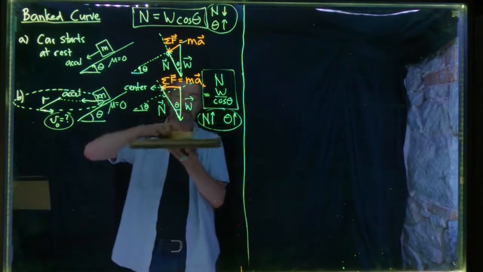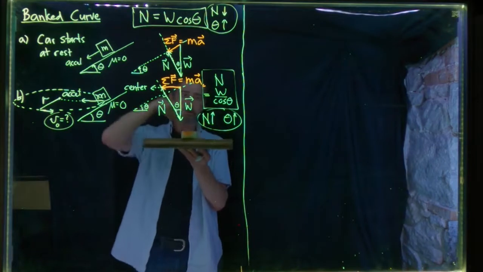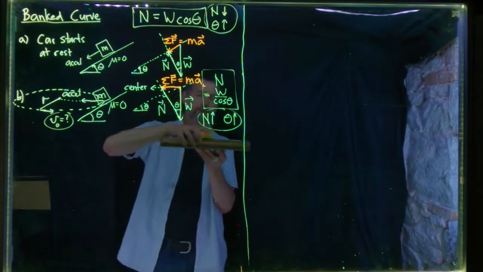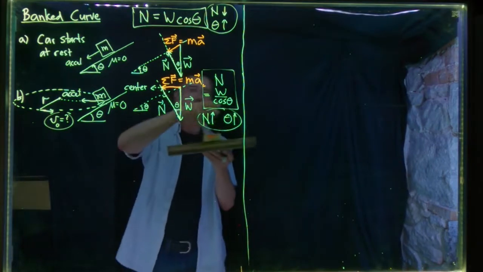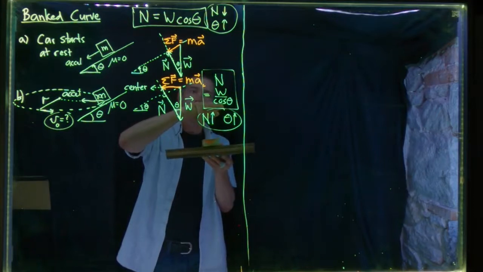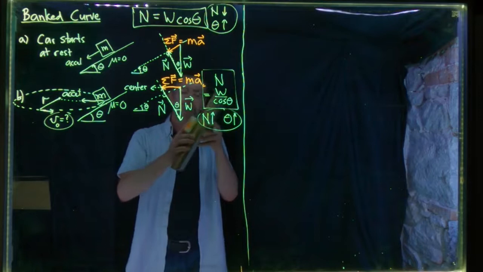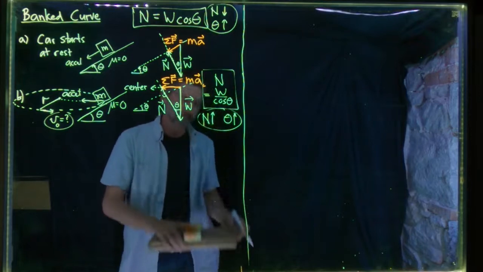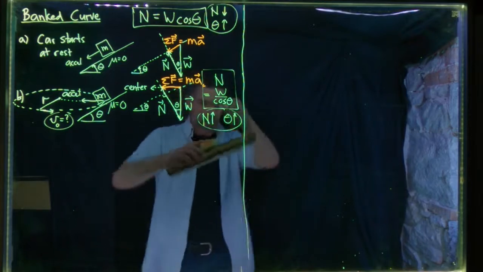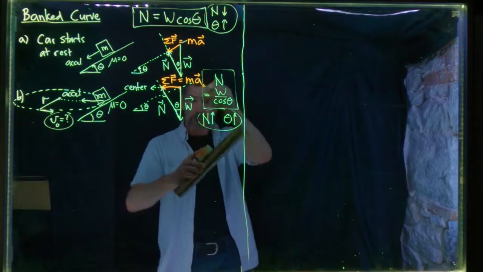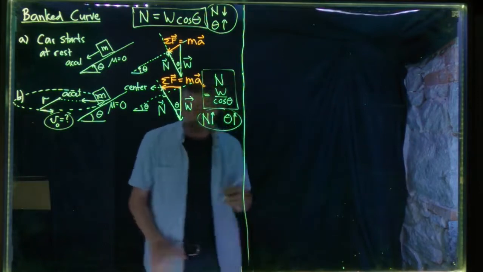Obviously when it's flat, the normal force is just equal to the weight. But as we increase theta, cos theta gets smaller, and it's in the denominator, so the normal force gets bigger than the weight, instead of getting smaller than the weight. So as the angle theta increases, the normal force also increases, and we'll see why this happens.